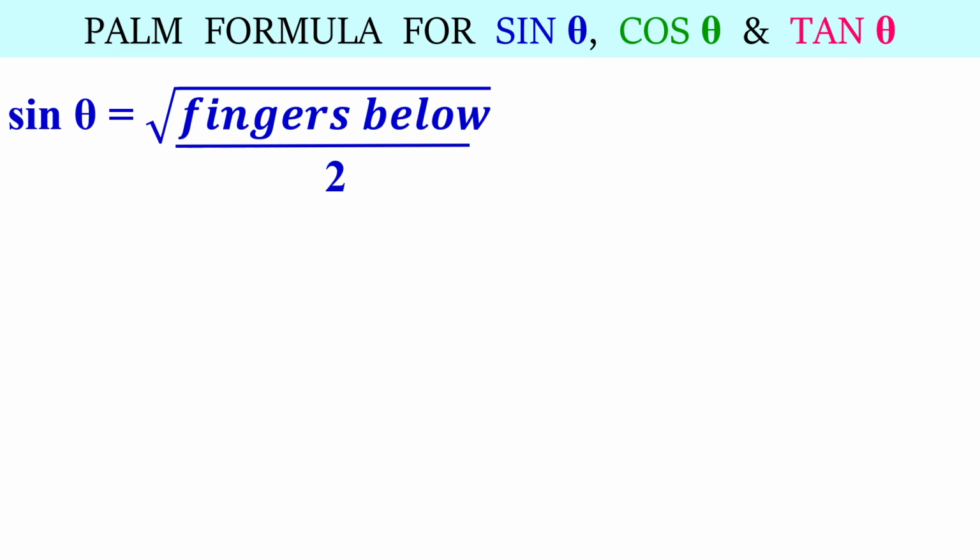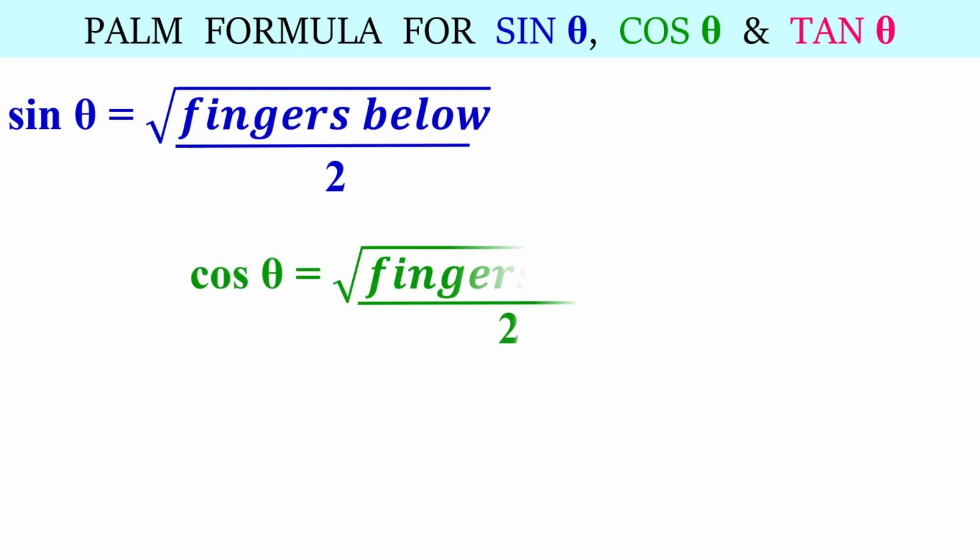When I explain each ratio, it will be clear what fingers below means. Then we have cos theta. Cos theta's formula is just the reverse: square root of fingers above upon 2. So remember these two formulae. For sine theta it is square root of fingers below upon 2, and for cos theta it is square root of fingers above upon 2.